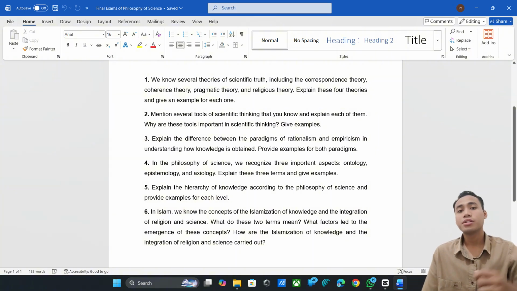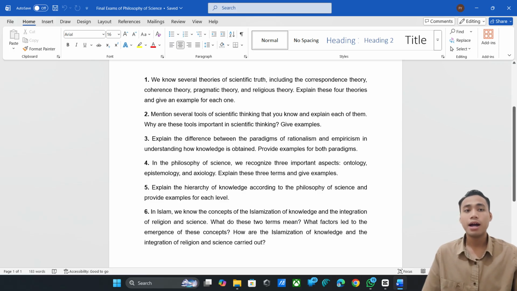So rationalism says knowledge comes mainly from reason and the mind. For example, mathematical truths are known through thinking, not experiments. And empiricism says knowledge comes from experience and the senses.